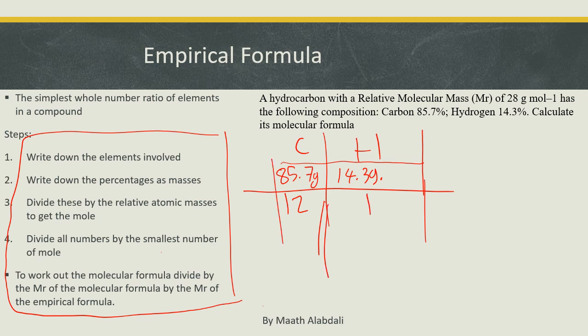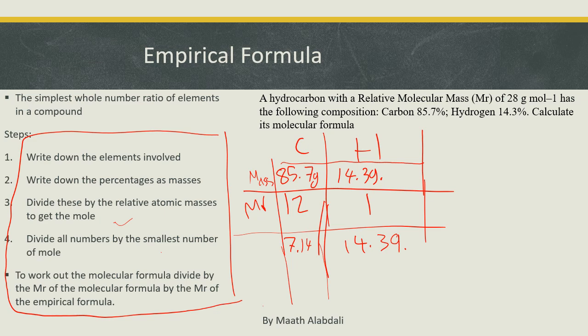Moles equal mass divided by Mr, so 85.7 divided by 12 gives 7.14, and over here 14.3. Then we divide all the numbers by the smallest number of moles, which is 7.14.